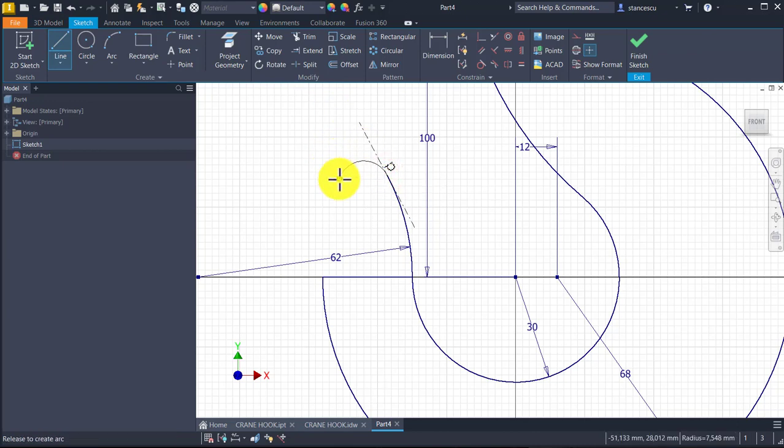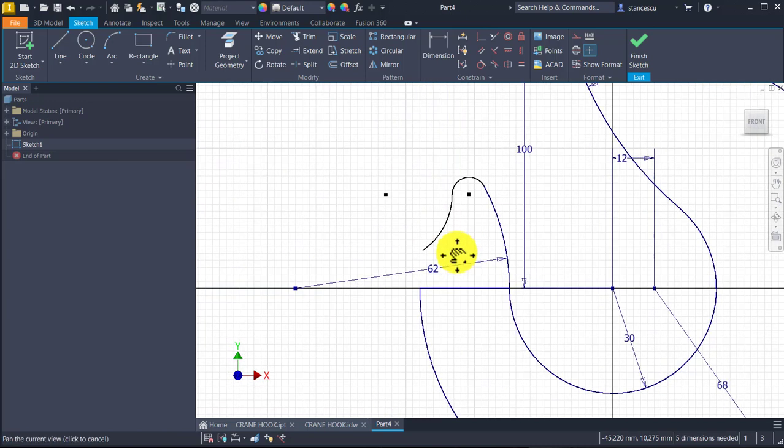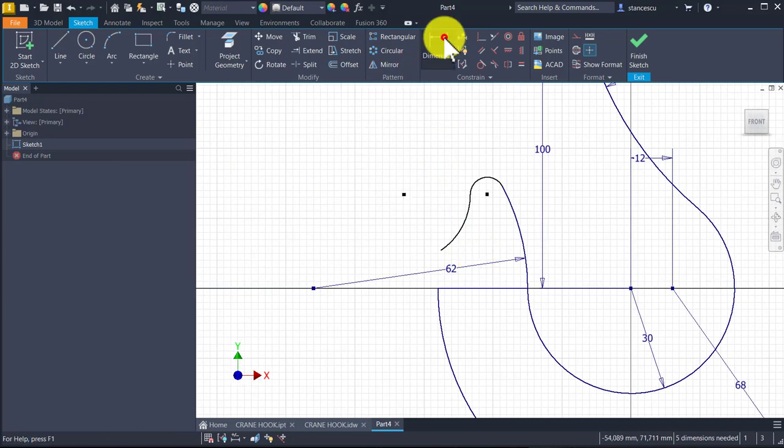An arc somewhere here, then another one in the air. Why? Because I dimensioned them. This is 6.